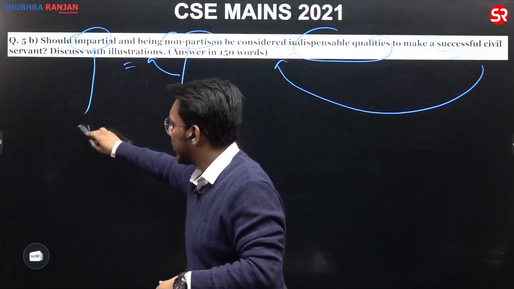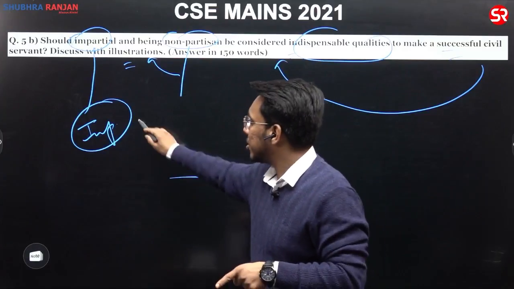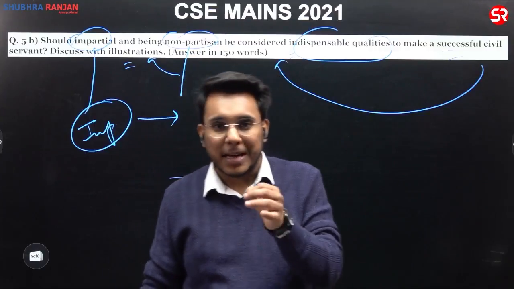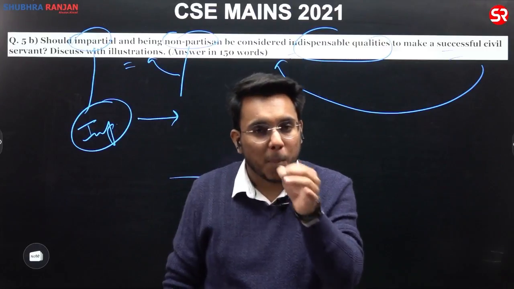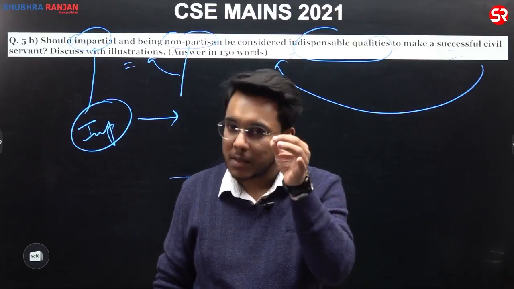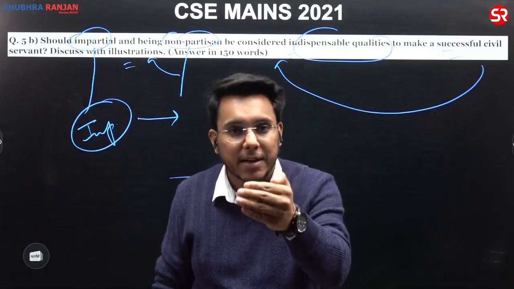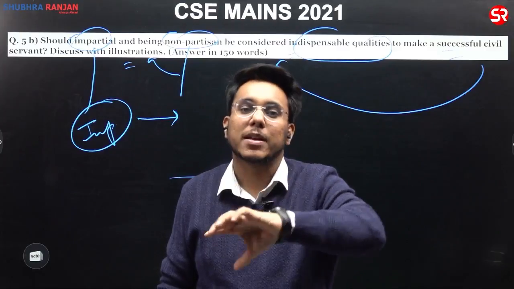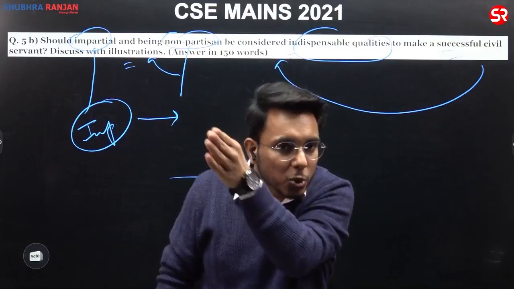So number one, when we talk about impartiality, it means to maintain an outlook where no person will be given favorable treatment, no person will be given an added advantage, and at the same time nobody will be given an additional liability, giving the same level playing field to everybody.